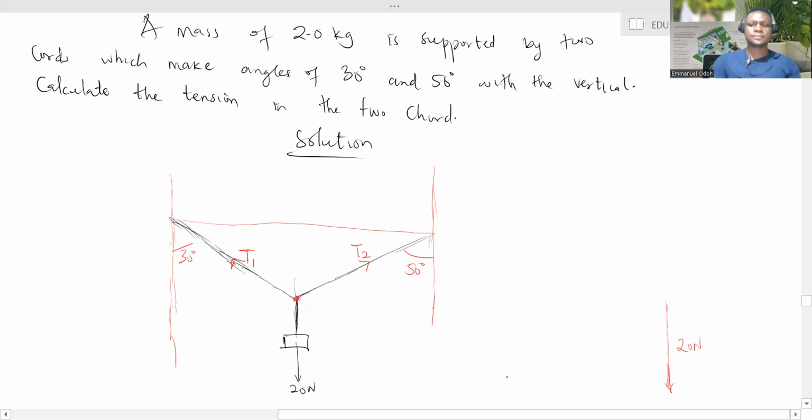For T1, I'm drawing parallel to it. This is T1. For T2, you can see this is T2, I'm drawing it also.